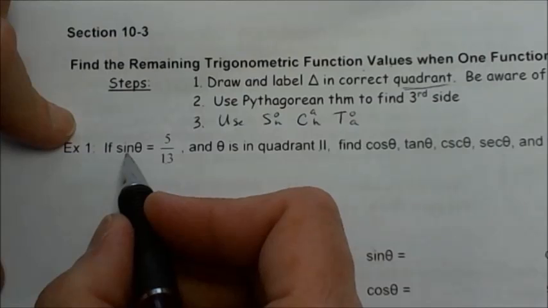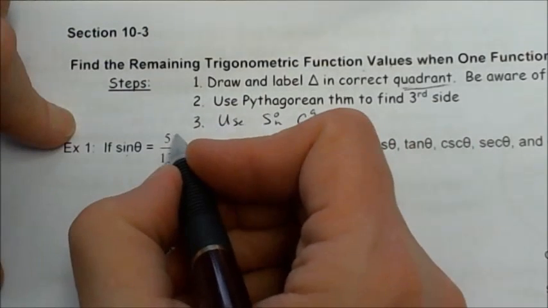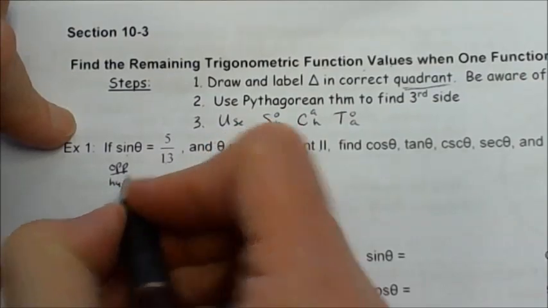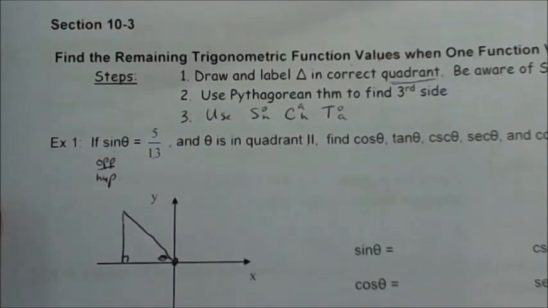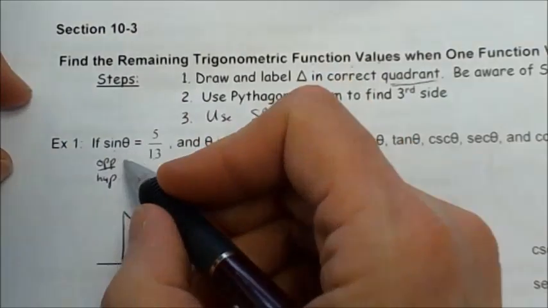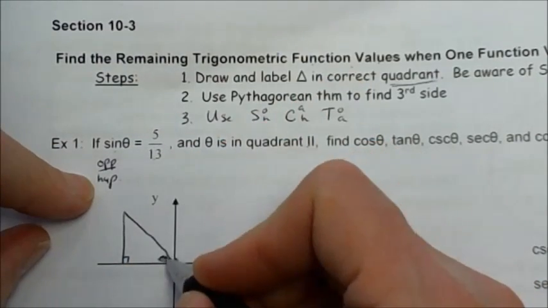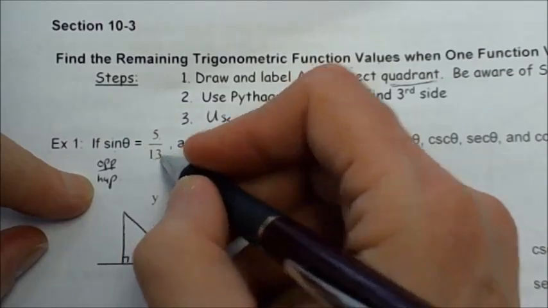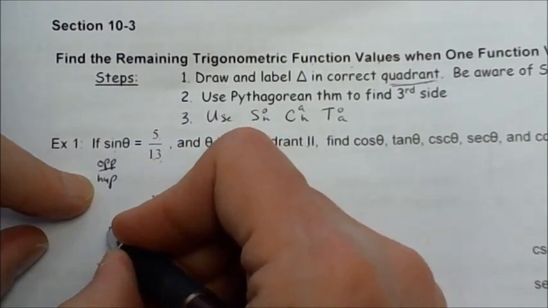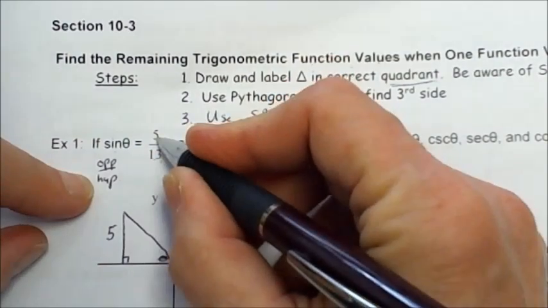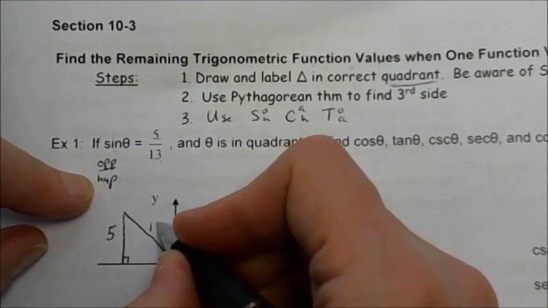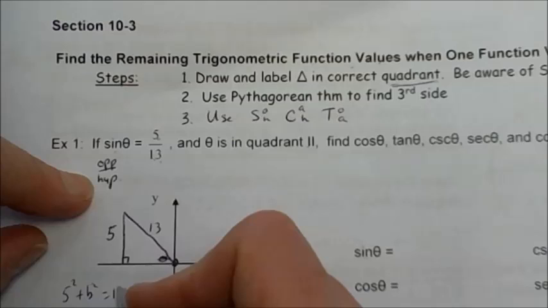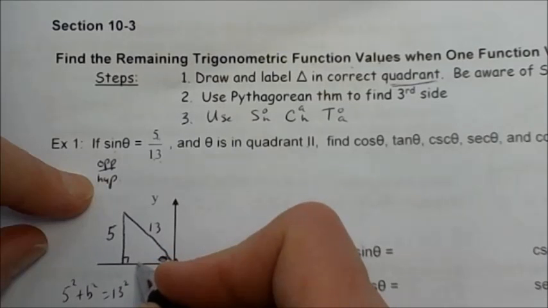Since sine is given to us, and sine is the opposite over the hypotenuse, this is saying the side opposite our angle is equal to 5, and the hypotenuse is 13. So we label this opposite side as 5, and the hypotenuse as 13. Then we do a squared plus b squared equals c squared to figure out that missing side.